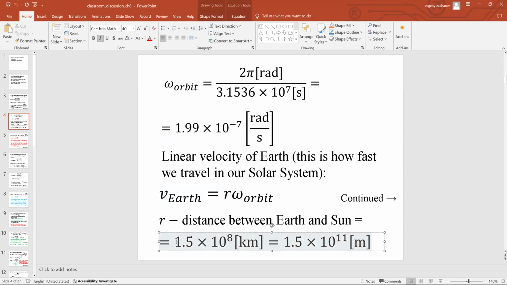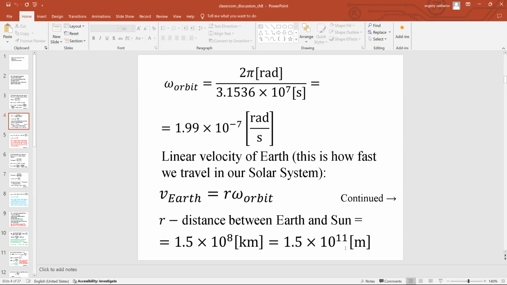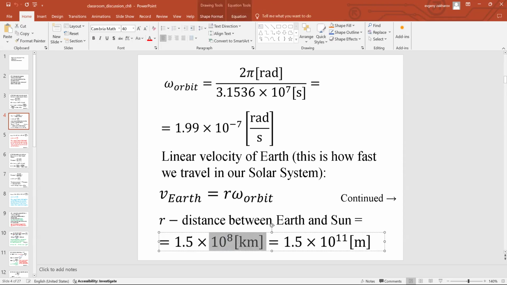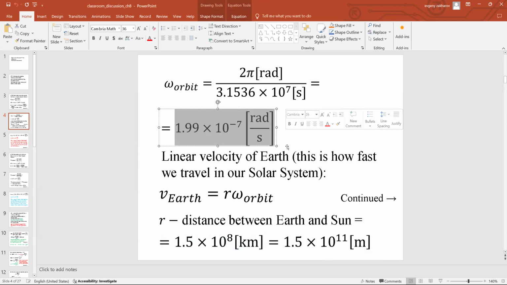And you can find that in kilometers in the textbook. Don't do kilometers. You have to convert to meters. Kilo means 1,000. So instead of 10 to the power of 8, you get 10 to the power 11 because it's times 10 times 10 times 10. So 3 more times you have to multiply by 10 to get to meters. From kilometers, this is the number that you're going to multiply by angular velocity to get the linear velocity.